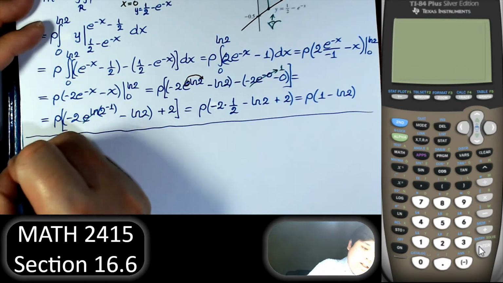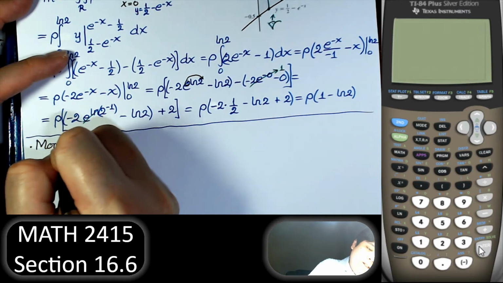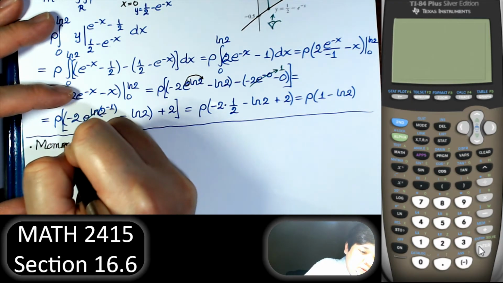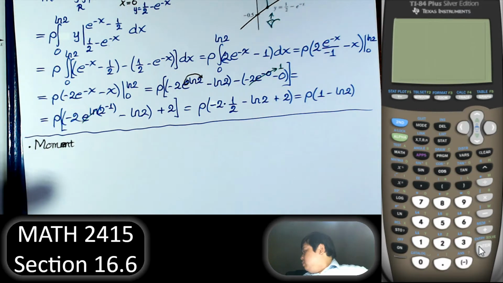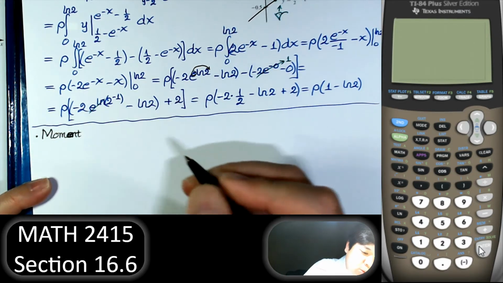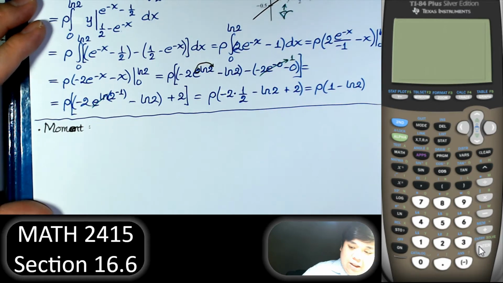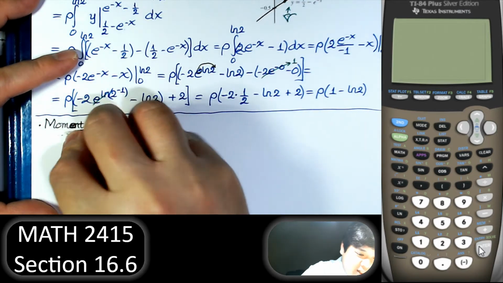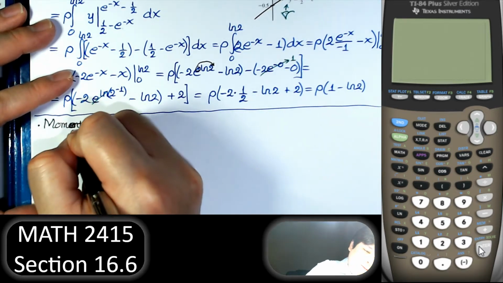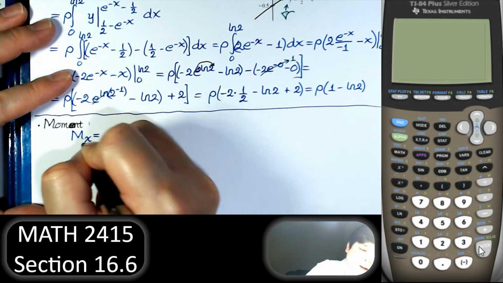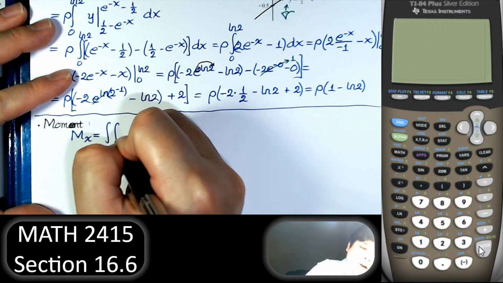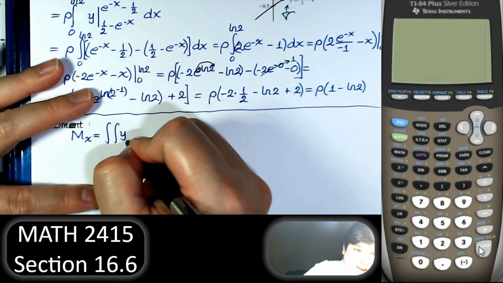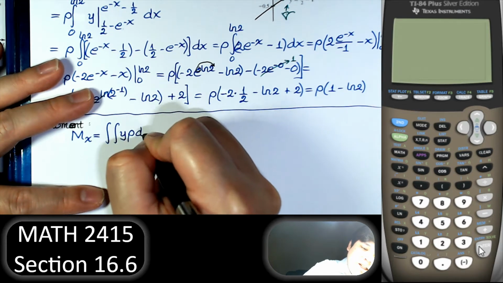Now go to the moment. This is capital M. For the moment about the x-axis, we stick the y to it, and we still have density, dy dx.